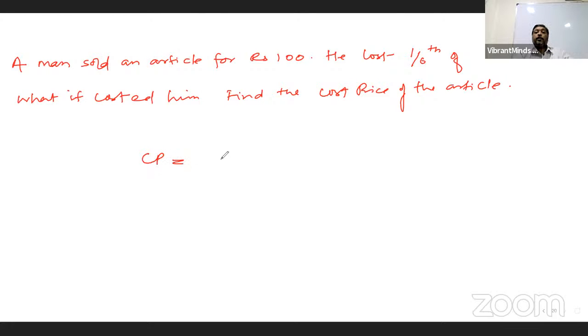Let's say cost price is 6. He lost 1/6 of it, so can I say he lost ₹1 on it? If cost price is 6, selling price will be 5, because loss is ₹1.